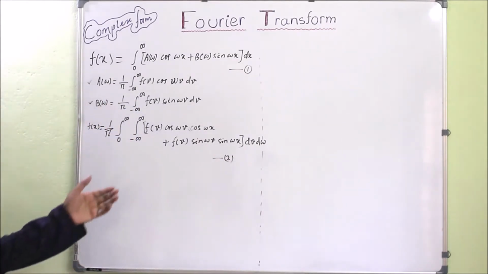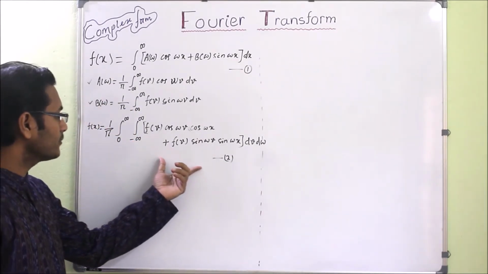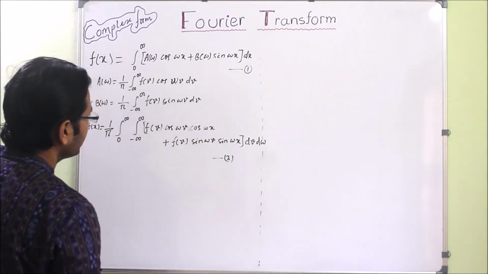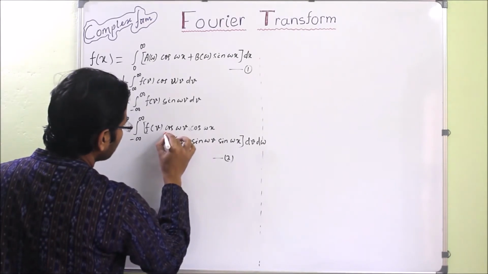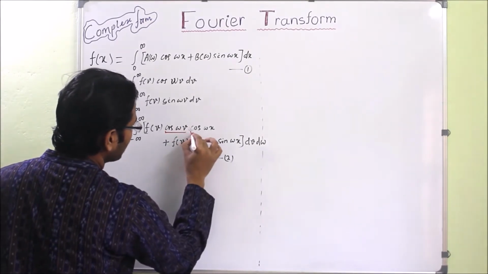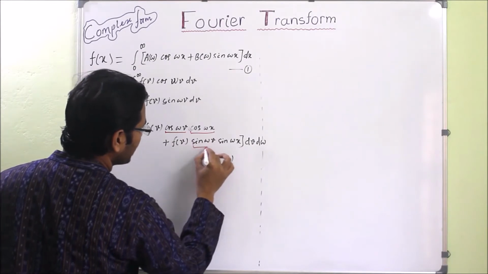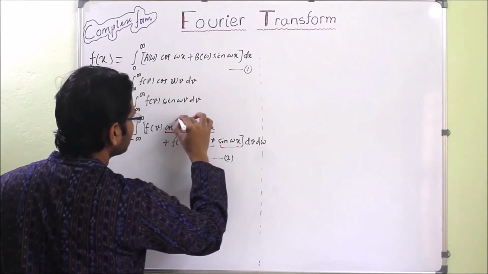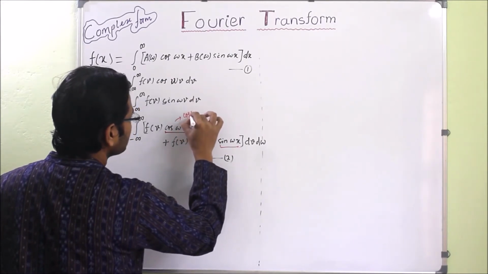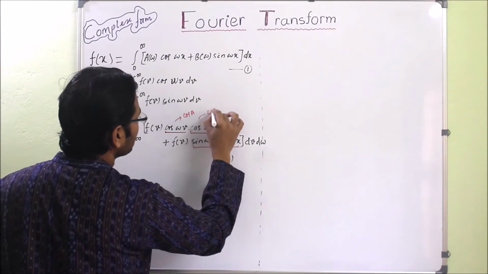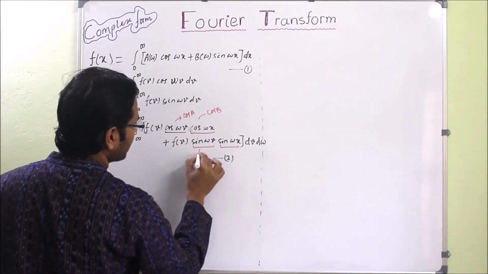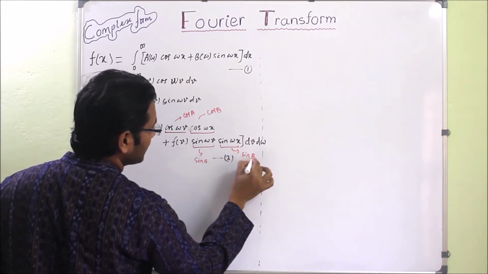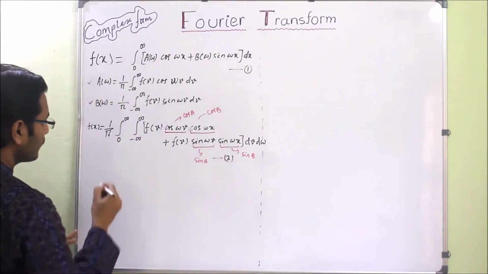Now we have to see this equation 2 carefully and solve further. If you see, there will be cos wv cos wx, then second term sin wv sin wx. If I name these as cos a, cos b, sin a, sin b, what is the formula we know?